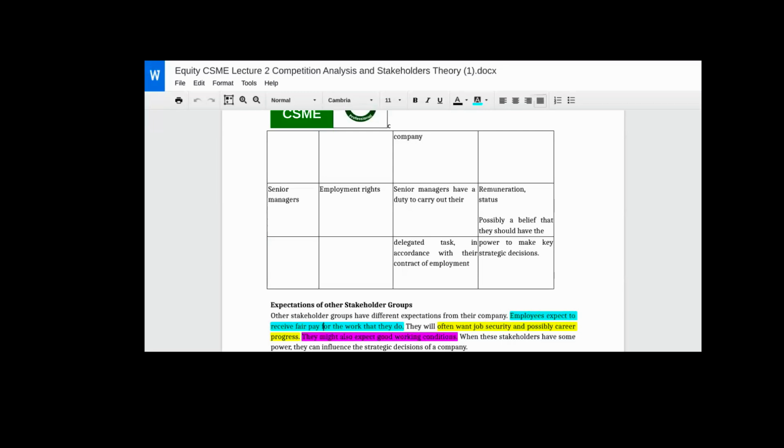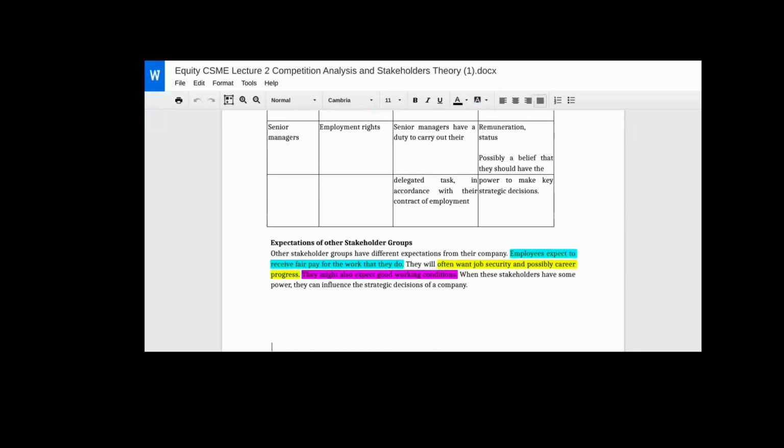They need job security to prevent indiscriminate loss of their job, and possible career progress, fair promotion, unbiased performance appraisal. They must also expect good working conditions. That's what we mean by expectation of stakeholders.